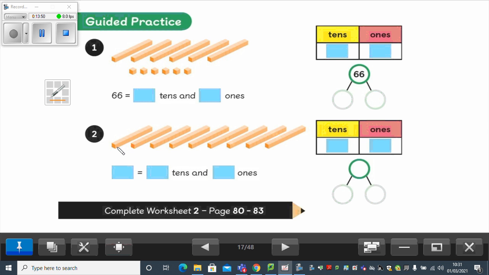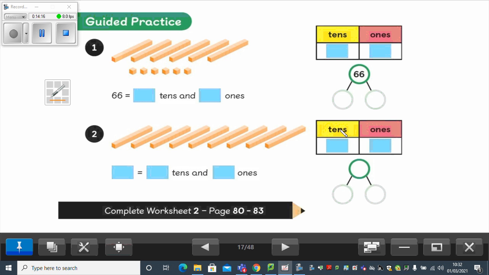For the second part, you need to work out your whole number first. So you've been given a picture where you can count in tens, write the whole number here at the beginning, and then tell me how many tens you have in that number and how many ones. And then you can write this again in your place value chart.